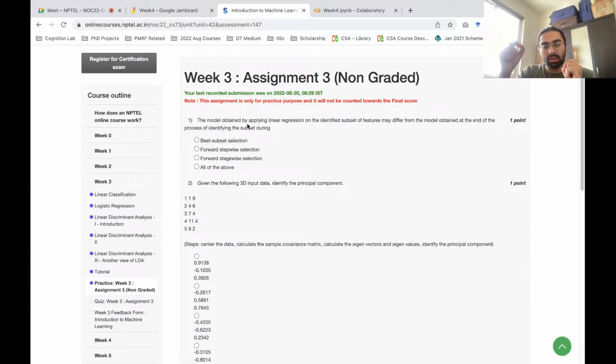So those particular coefficients can change if you were to apply the same subset of features directly in a linear regression, right? And this is a property of forward stage-wise selection. We know that it happens, but we still go ahead with it because it saves time when you have a large number of features, right?